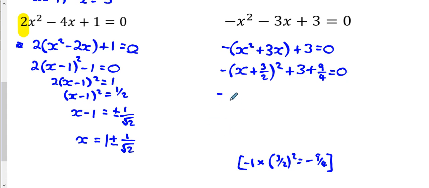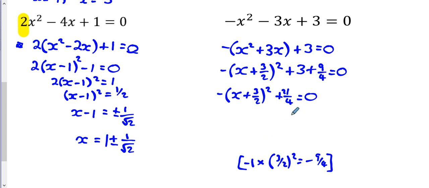So I might just simplify that before I start solving. This is 12 over 4, add the 9 over 4. 21 over 4. Okay.